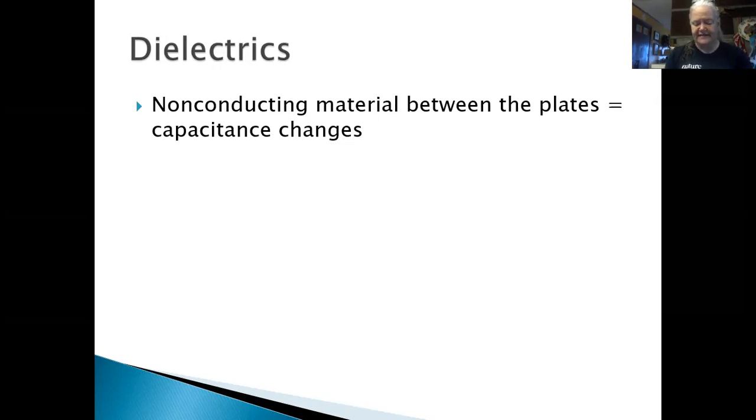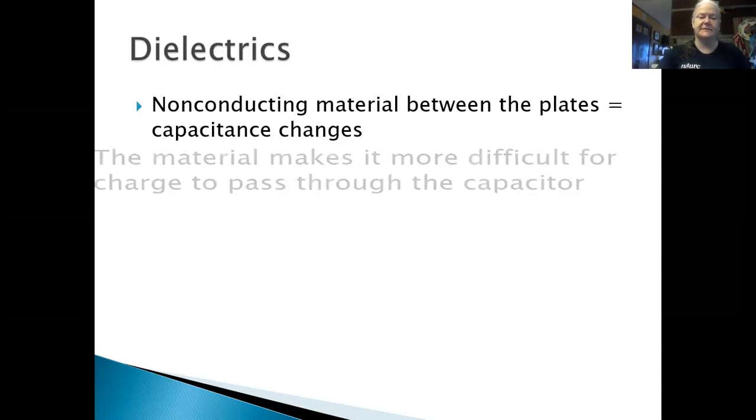But certain things have better properties at weakening the electric field than others. So what the dielectric does is it will increase the capacitance of your capacitor by weakening the electric field. It allows you to store more charge on the plates for the same amount of voltage than a plain capacitor does.